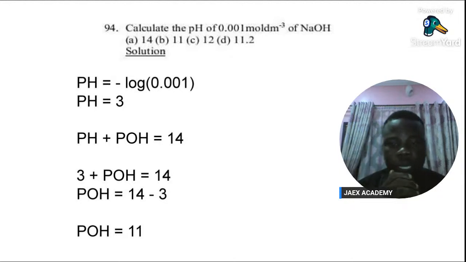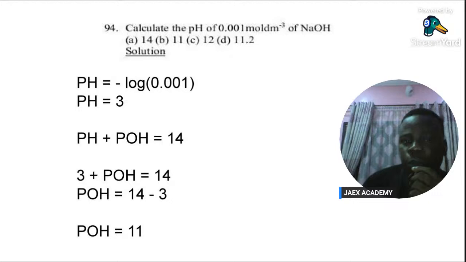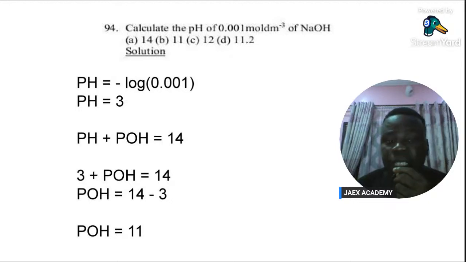Okay, someone said she doesn't understand. Let me try and come again. Now, if we look at question 94, this is a PTS question. I've not started solving WAEC and JAMB questions. We will see that they gave us a pH value. We say pH is what? An acid.